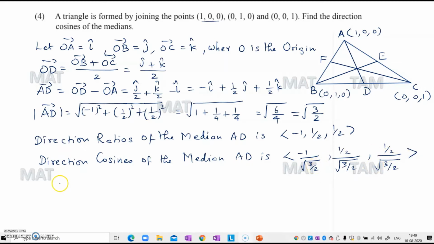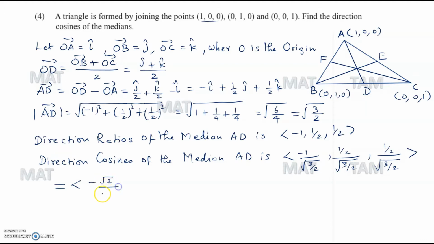And that's equal to, for simplifying, we can say that it's minus root 2 divided by root 3, comma, then root 2 divided by 2 times root 3.